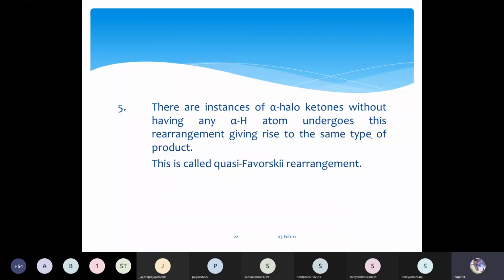Now the main condition is that the alpha carbon should have hydrogen, or alpha hydrogen should be present, or an acidic proton should be present.